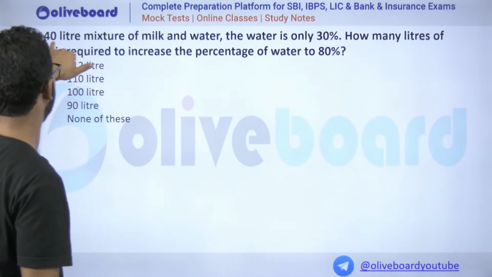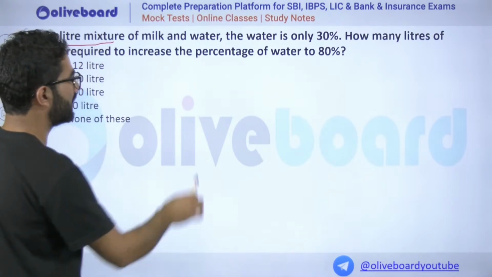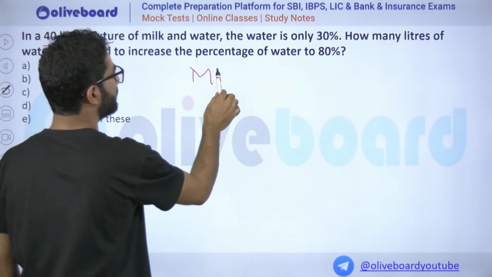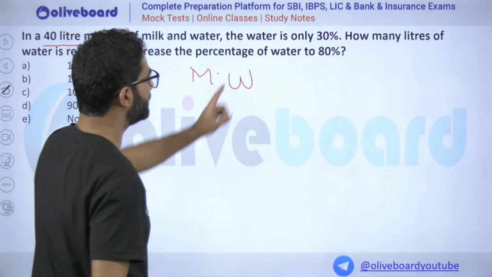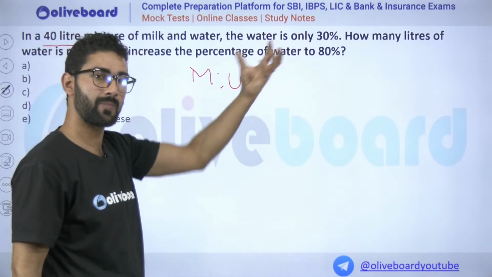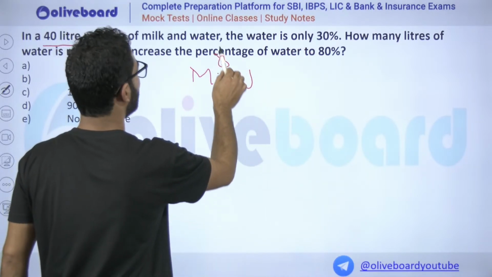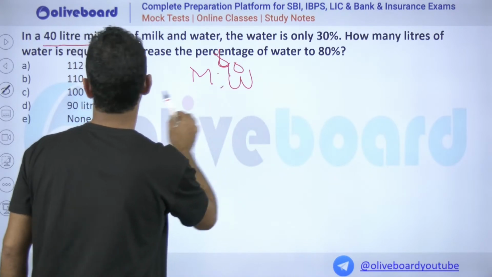Now, in a solution of a mixture of milk and water, the water is only 30%. Sorry, not 100 liters, it is a 40-liter solution.